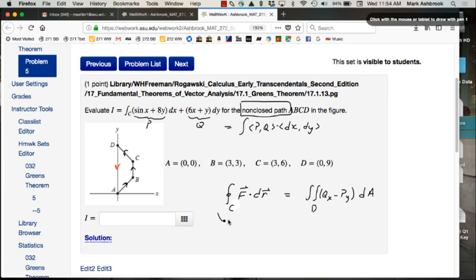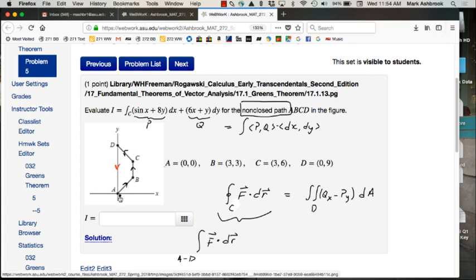As a hint, this closed path could be the line integral from A through D of F dot dr, plus the line integral from D to A. That would be the closed loop all the way around.